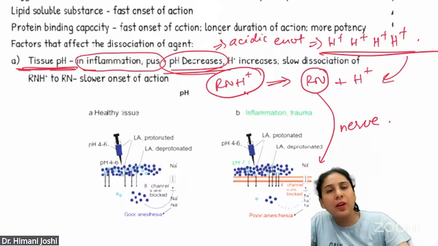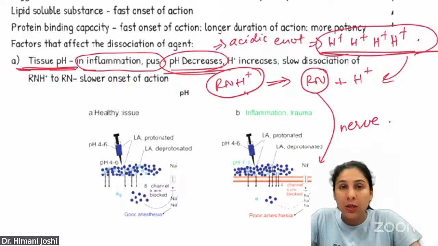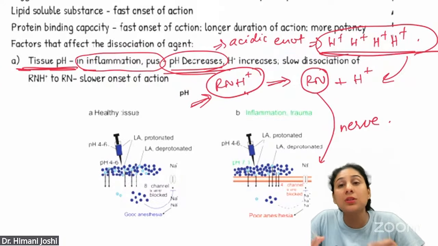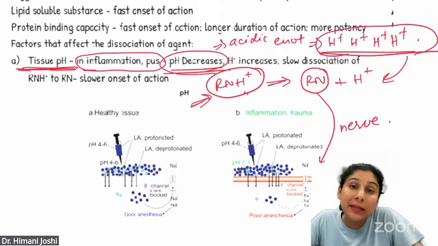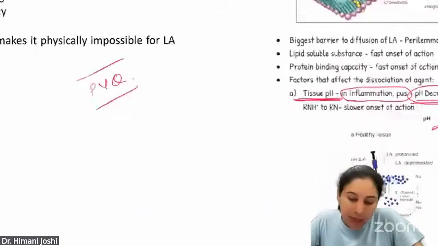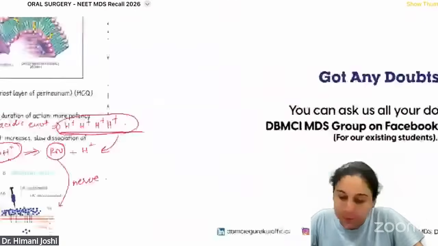So whenever there is inflammation or pus, because of reduced tissue pH and excessive H plus ions in the tissue, this local anesthetic solution does not dissociate only. Because it doesn't dissociate, it is not able to penetrate the nerve, right? So that is again from the notes, and I'm sure you have all marked it correctly.